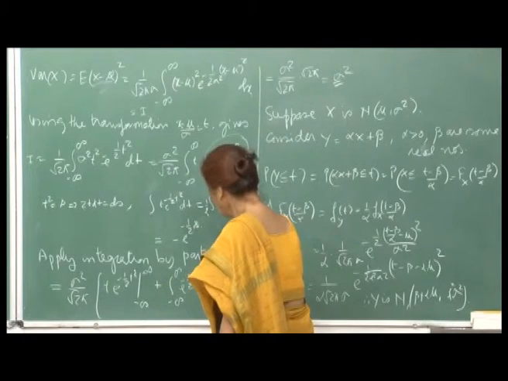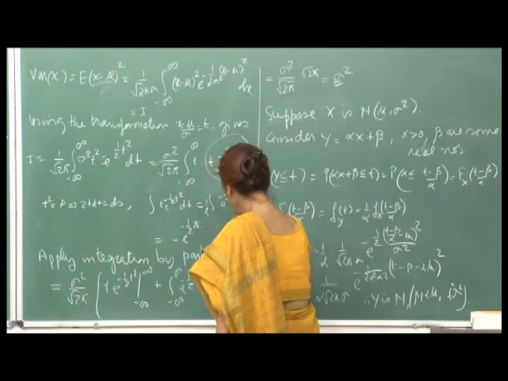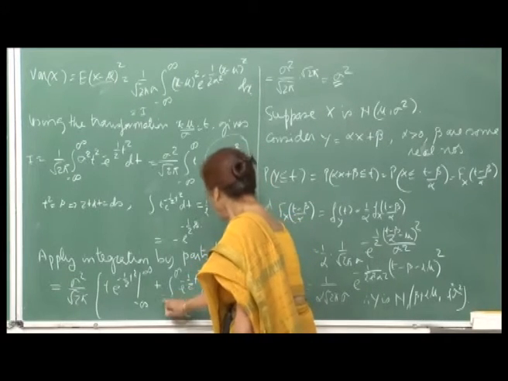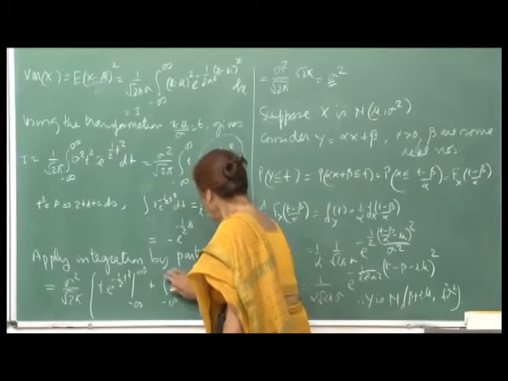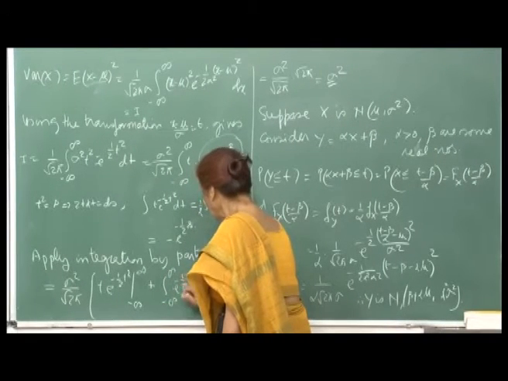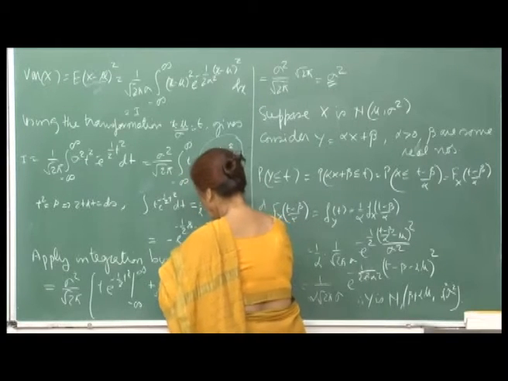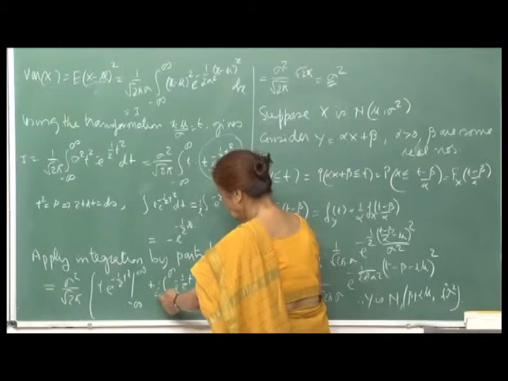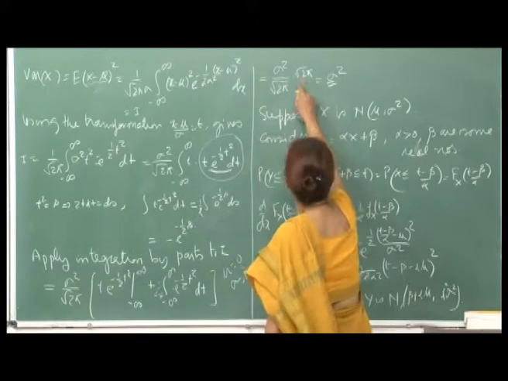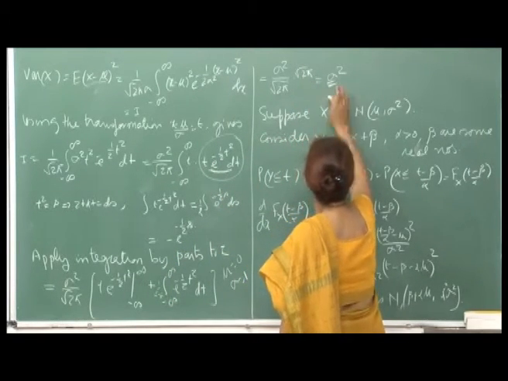And then here again this is your normal PDF, where your mu is 0 and sigma is 1. So, the 1 upon root 2 pi is missing. So, therefore, this integral will be equal to root 2 pi, because with 1 upon root 2 pi this will become 1, right. So, this whole thing is 1. So, this integral is equal to root 2 pi. So, I write root 2 pi, which cancels with this, and this is sigma square.